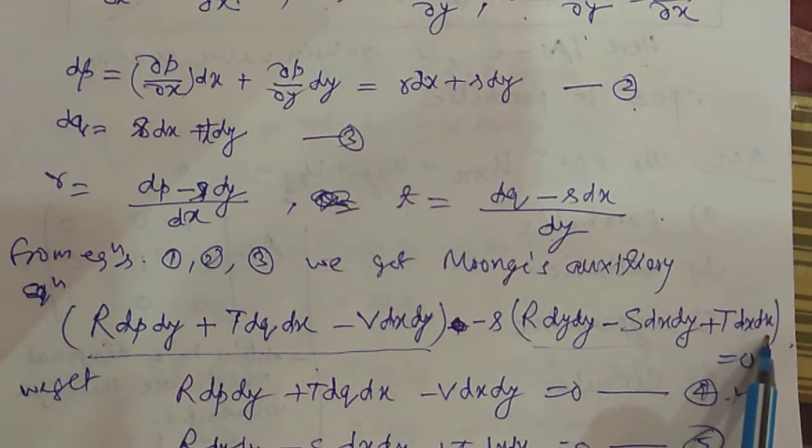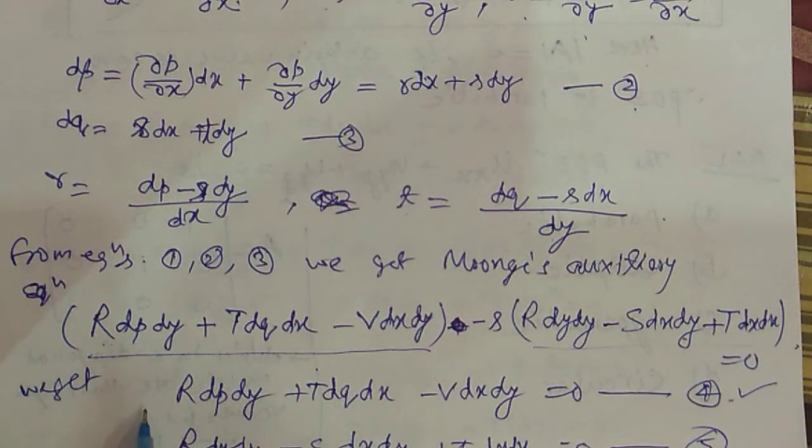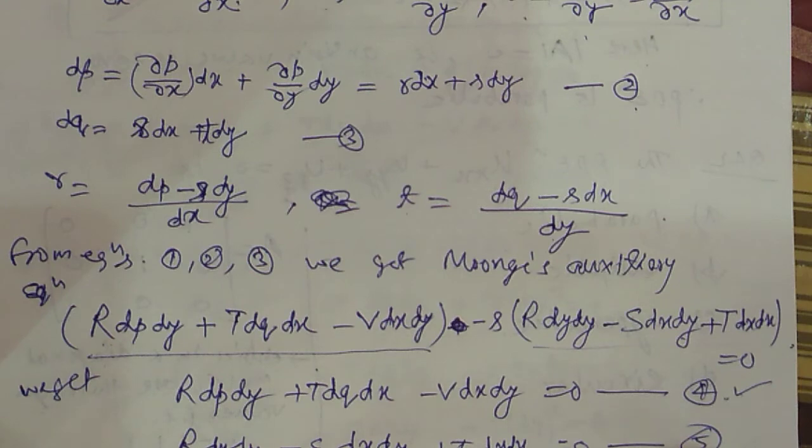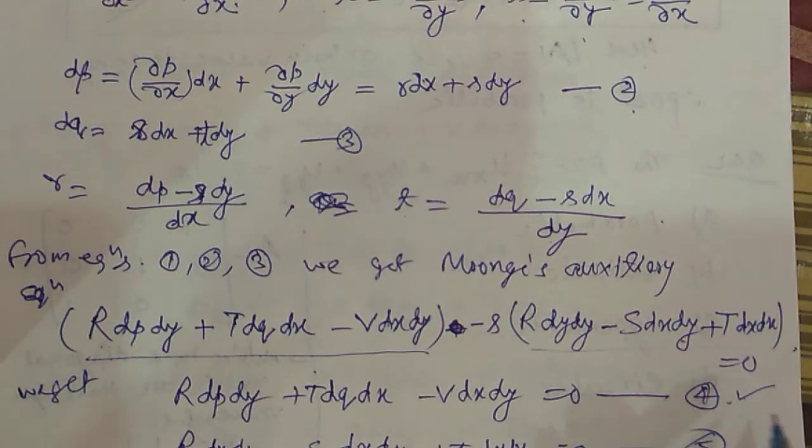So we get Monge's two auxiliary equations. One is R dp dy plus T dq dx minus V dx dy equal to 0, and the second one is R dy dy minus S dx dy plus T dx dx equal to 0. Equations 3 and 4 are said to be Monge's auxiliary equations.